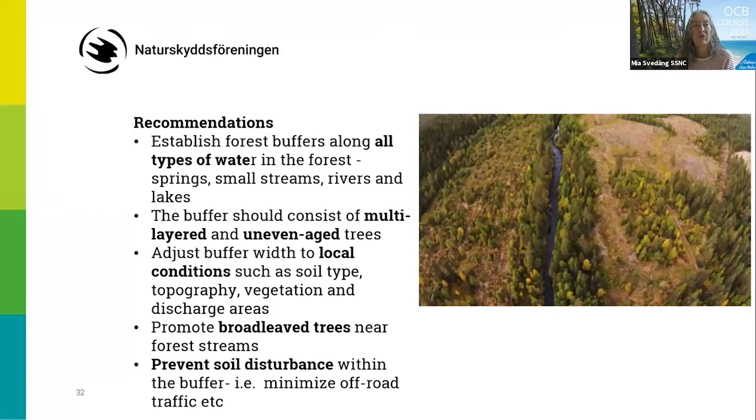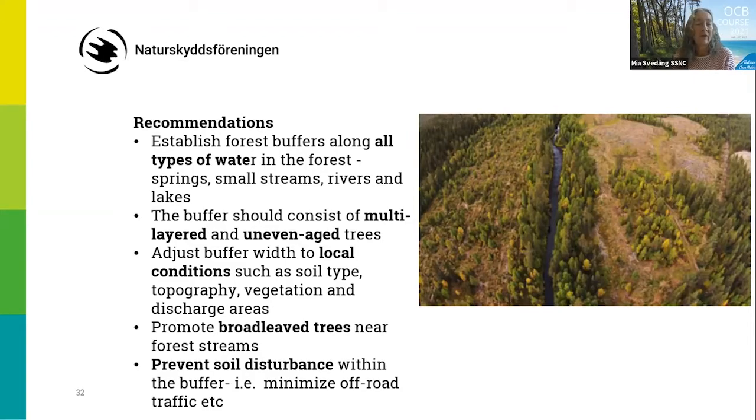The buffer should consist of multi-layered and uneven aged trees, so natural vegetation, and you have to adjust the buffer width to the local conditions, such as soil type, topography, vegetation, and also discharge. But it's very good to promote broad-leaved trees near forest streams so that you don't have coniferous trees, because they have a tendency to acidify the water.